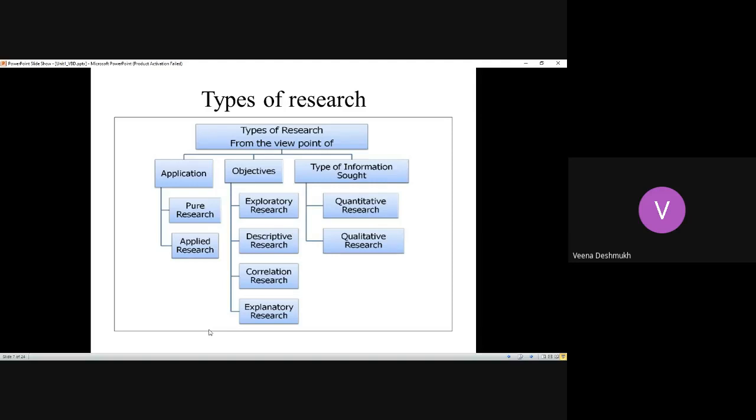So the main classes are: one is application oriented, where you do research to tackle some issue, or they find immediate application. See now coronavirus, like the vaccination. Though they are pure research oriented, the application is immediate vaccination.